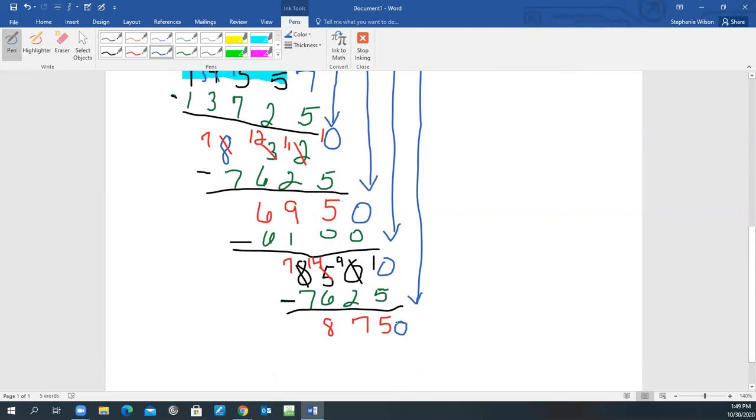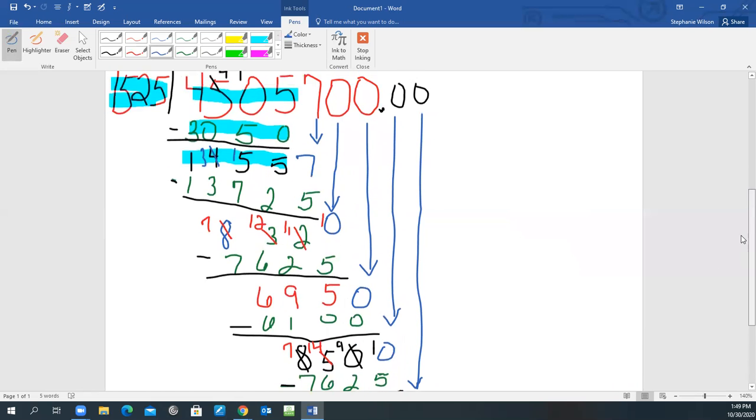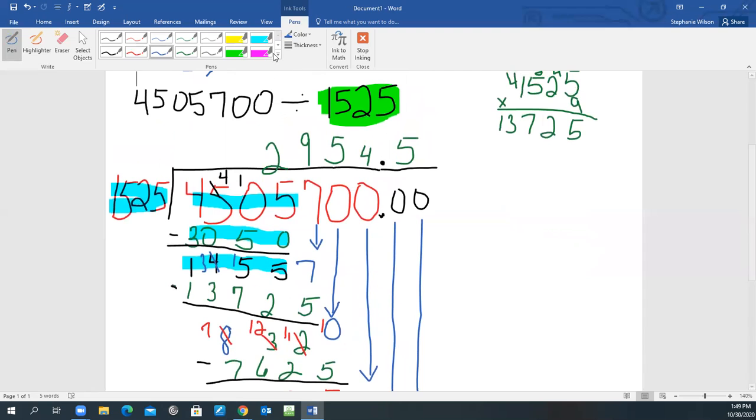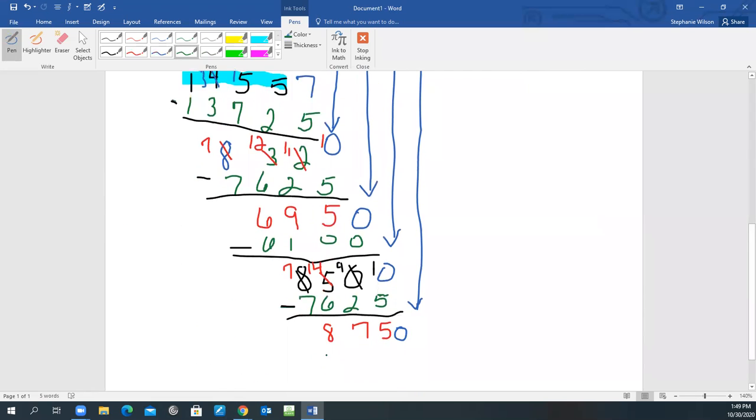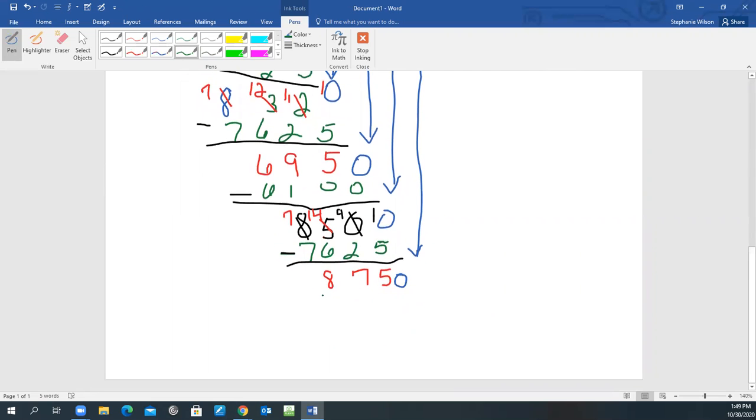So let's try 5 again, right? Because 5 times that 1525 gave us 7625. Let's try 5 again. So I'm going to bring it back up here to the top. So this becomes 7625 down here underneath the 8750.